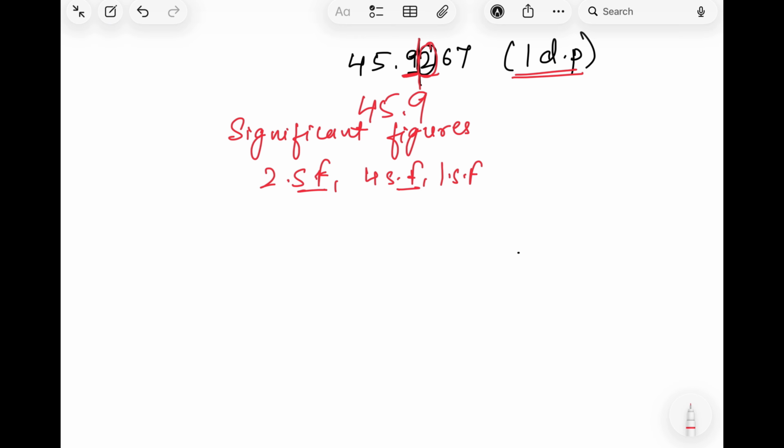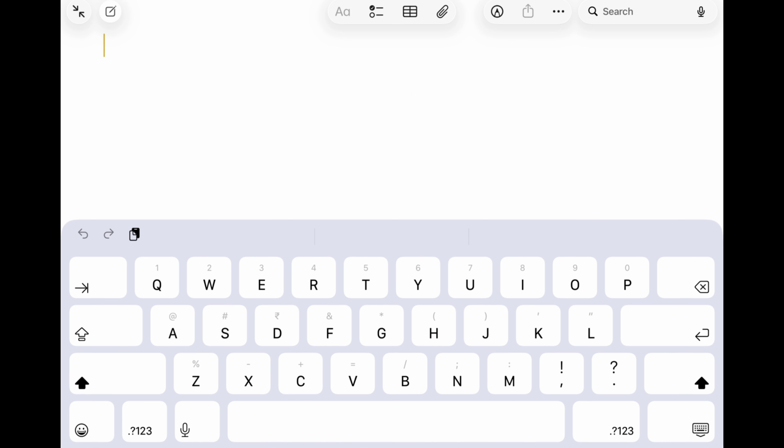SF here means significant figure. For that, you first need to understand what significant figures are. There are basically 4 important rules to understand which figures are called significant figures. So we will start with the significant figure rules.